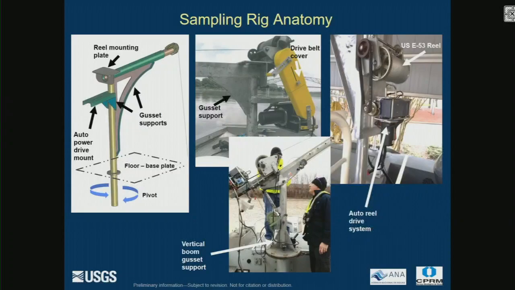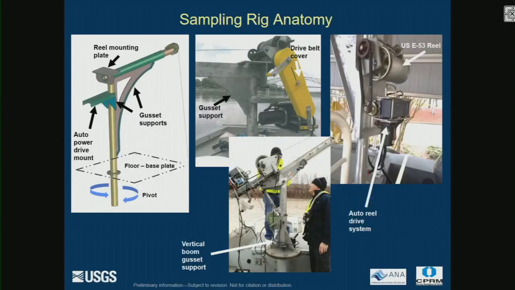The auto reel has a pulley system that drives the reel, and it has communication cables and handhelds that are run so you can operate the unit. But basically, these are mounted where there is substantial material, steel, aluminum, that can support this weight, with gussets out over the boom supporting the base.